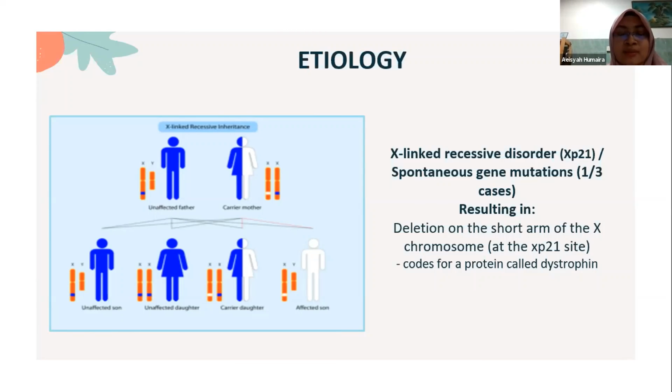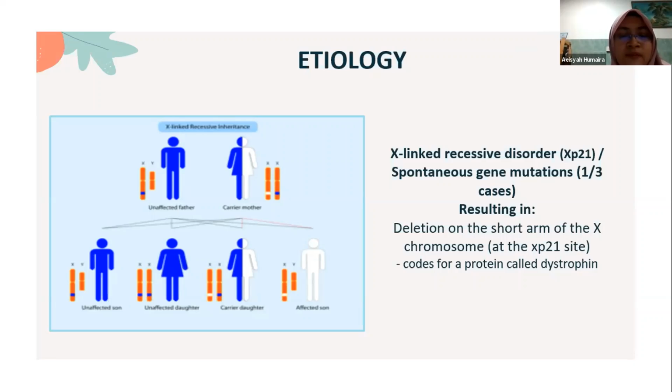So as you can see at this, the male has one X and one Y, while the female has two X. So this means that muscular dystrophy is more common in boys because they have one copy of the dystrophin gene. So if it is defective, it is the only one available for the muscle cell.